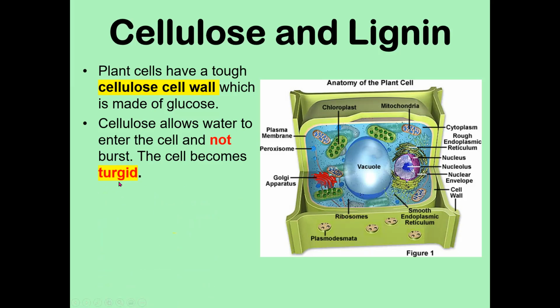This word turgid. Turgid means that the plant is very firm, very hard, and it just won't burst. Sometimes you have a pot plant, you forget to water, and it droops.